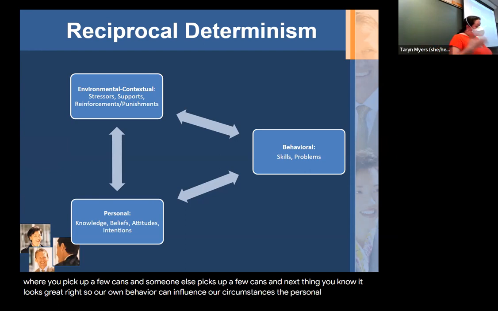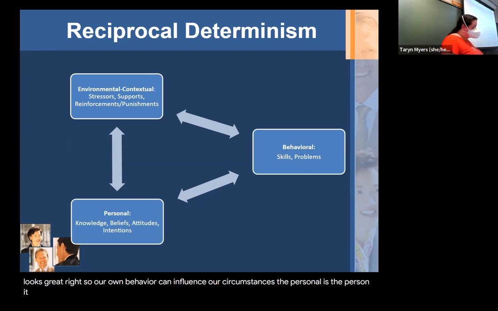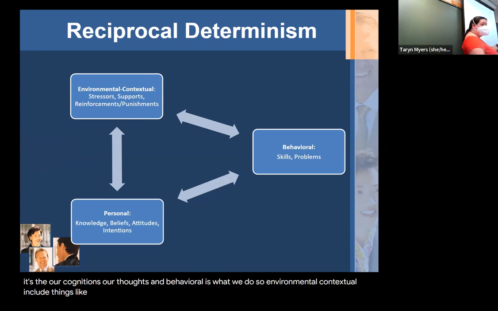The personal is the person, it's our cognitions, our thoughts, and behavioral is what we do. So environmental contextual includes things like the things that stress us out, but also the things that are supports, right?